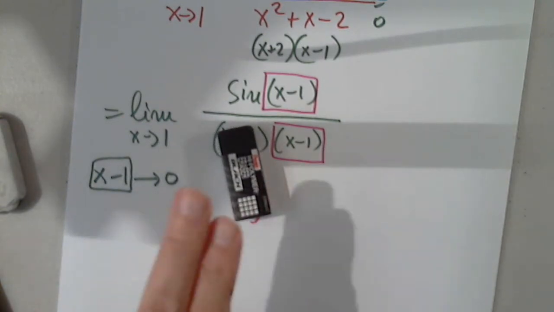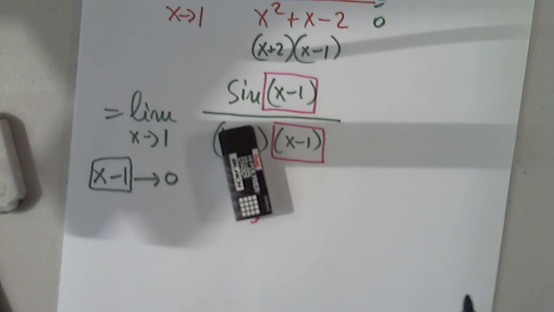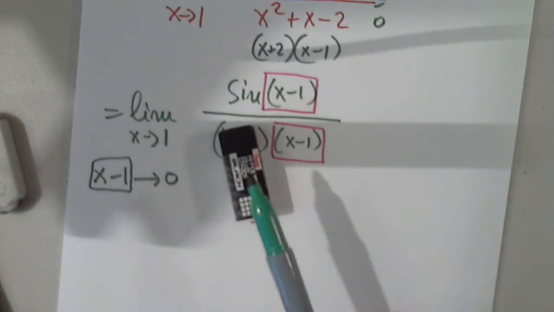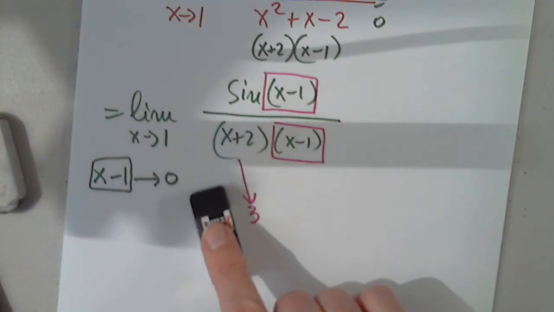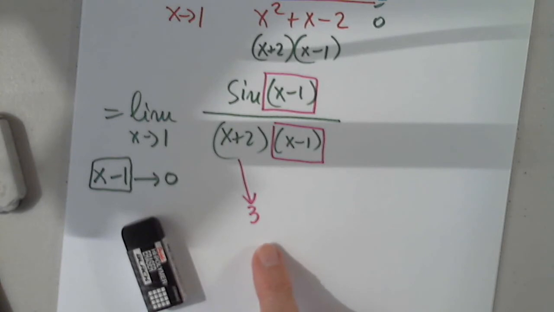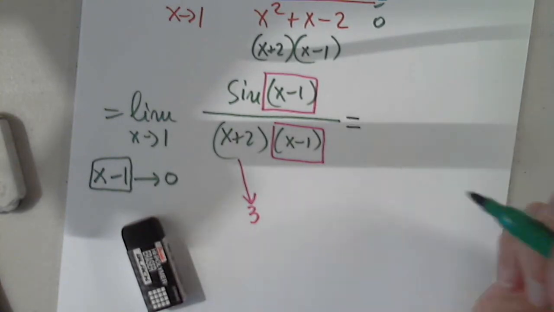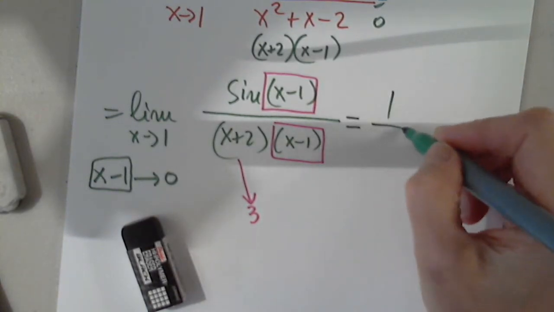So without looking at what I covered with my prop, what do you think this limit would be without that? 1. Exactly. But now I have to be careful, because I also have a 3 in the denominator this time. So what is the limit? 1 over 3. That's it.